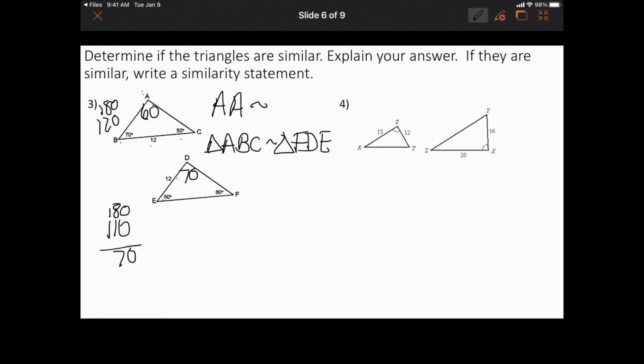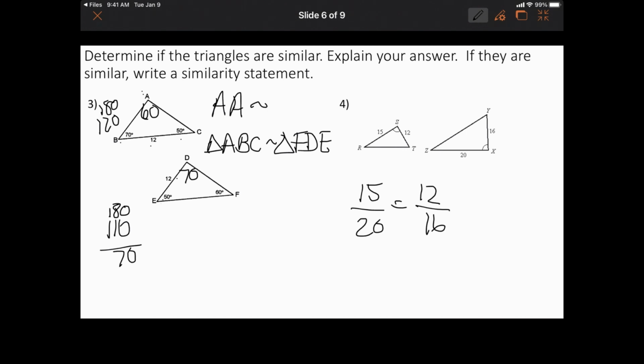All right. This one looks like it would be a side angle side. So we have to test the sides since the angles are congruent. So we're going to go 15 and 12. And 15 goes with the larger one, which would be 20. And 12 will go with 16.